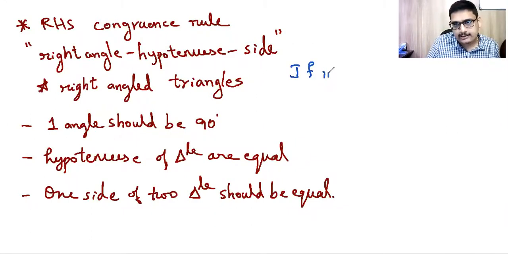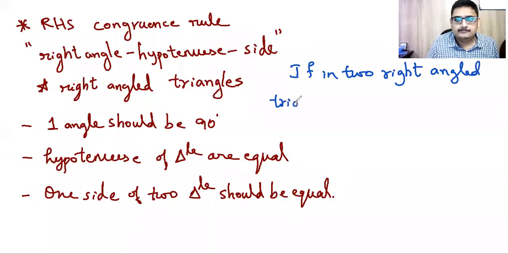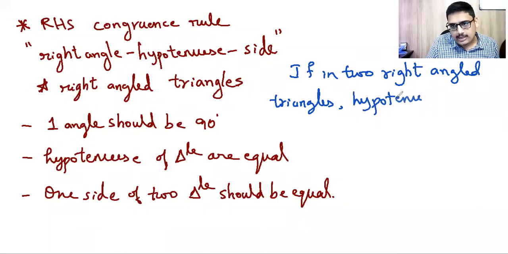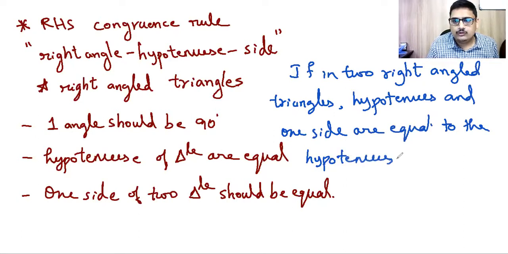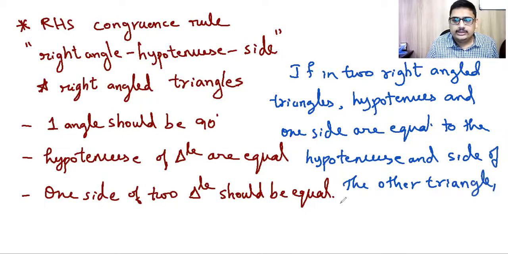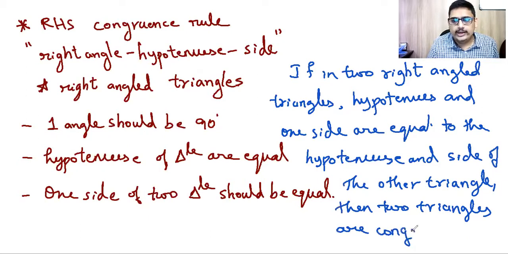If in two right angled triangles, the hypotenuse and one side are equal to the hypotenuse and side of the other triangle, then the two triangles are congruent.